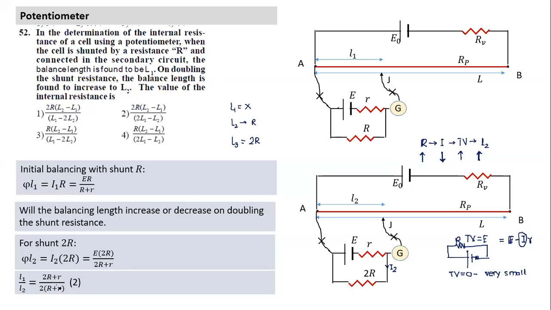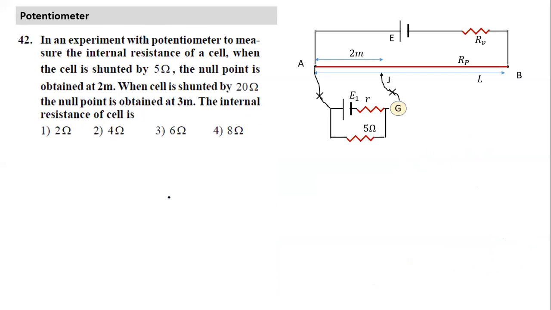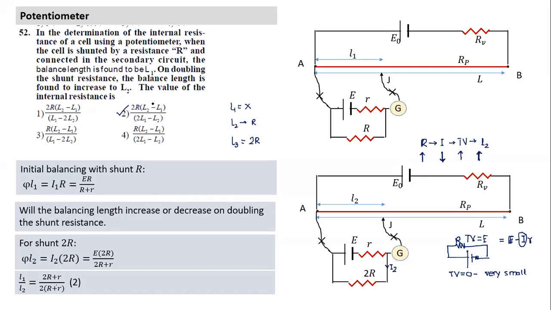And if we simplify for R, we get the second option. Option also they have given, yes, what is given? L2 minus L1. Okay, it comes equal to L2 minus L1.